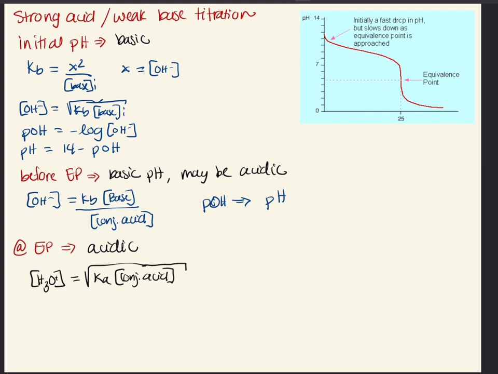Now keep in mind that you're going to have to solve for Ka, which is just Kw over Kb. And then we have our Ka expression, which is just hydronium ion times your base over your initial conjugate acid.